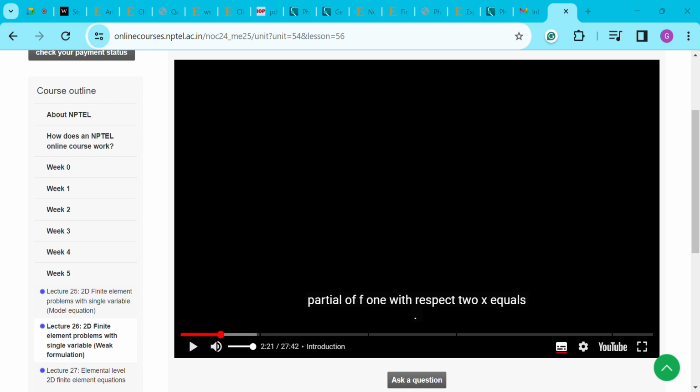When you don't use this, by default, K is symmetric positive semi-definite. Yeah, that is okay.